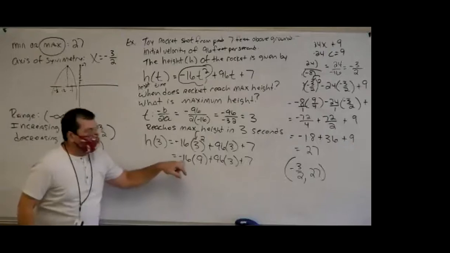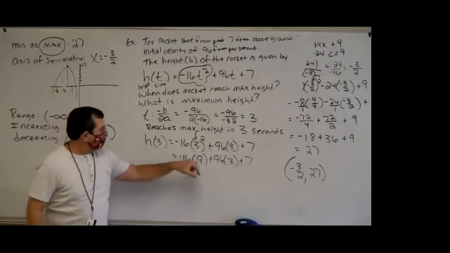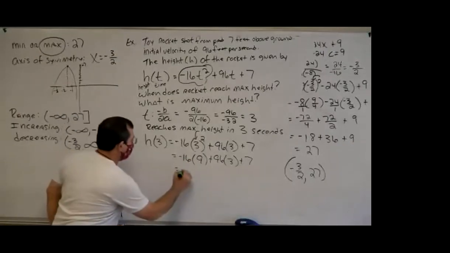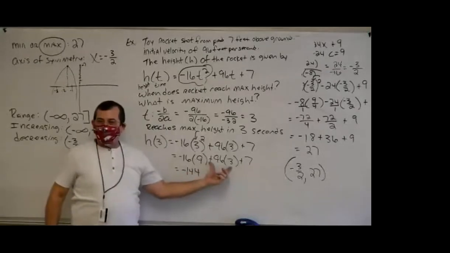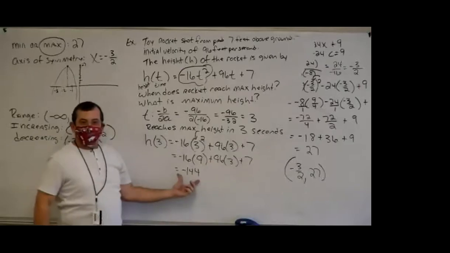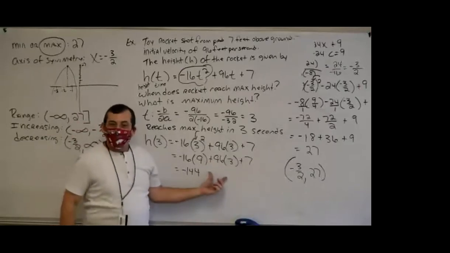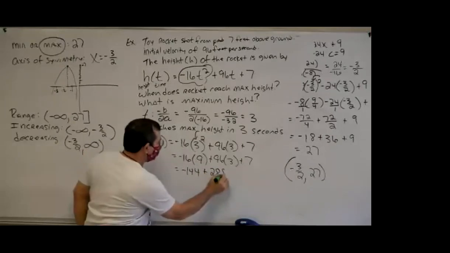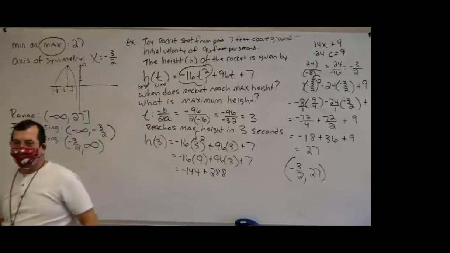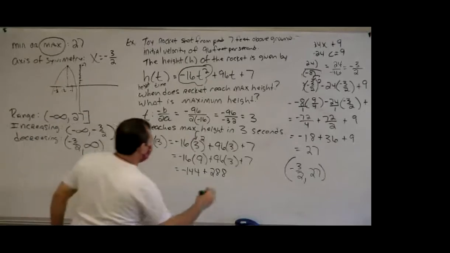So what is a negative 16 times 9? Which means I know what this is going to be. What happens when you double 144? Well, that should be a positive 288. And at the end, I'm going to bring down that plus 7.